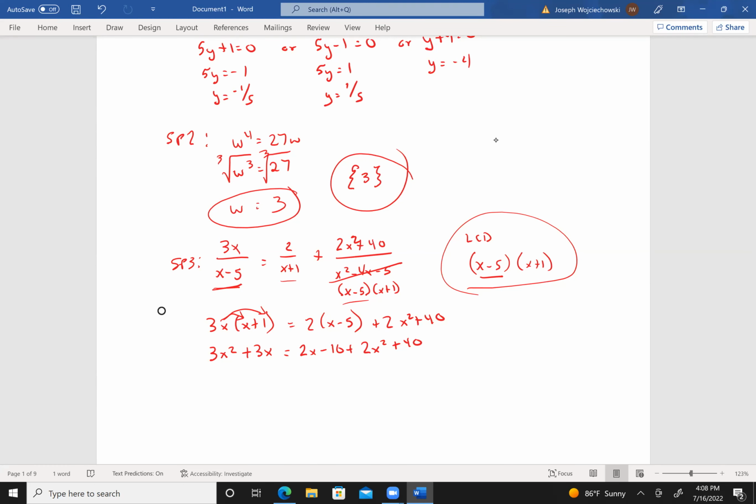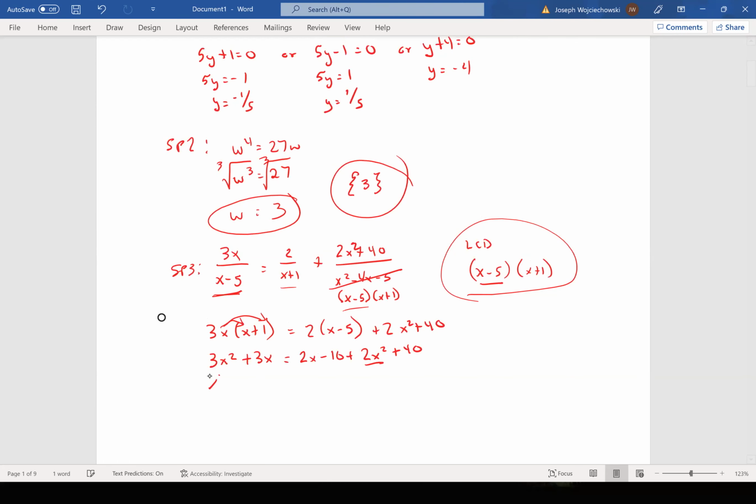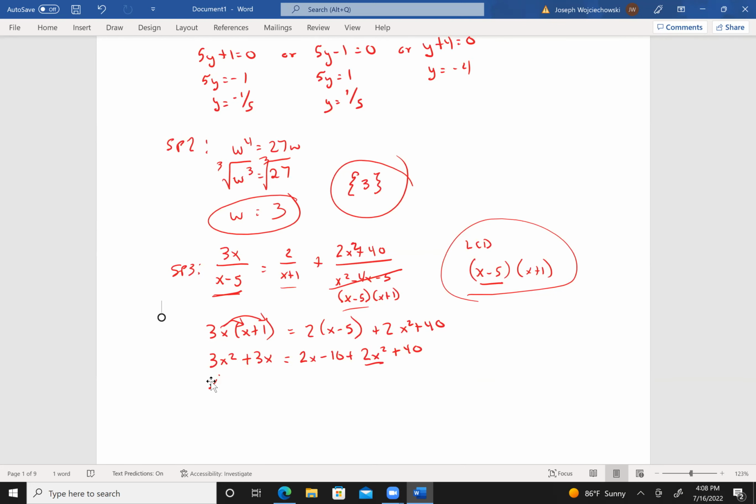So let's bring everything over here. I have 2x squared here. I'm going to subtract that from both sides and get simply x squared. I have 3x and I have 2x here. Subtracting 2x from both sides, I get plus x. And here I have negative 10 and 40, which gives me 30.